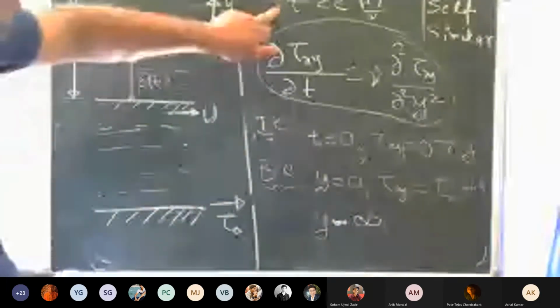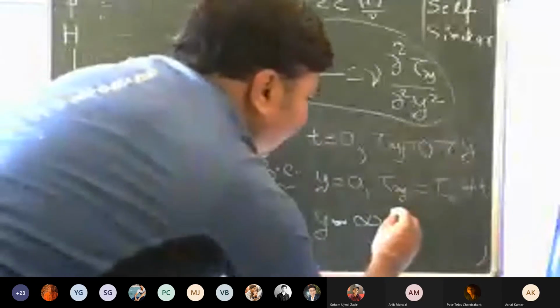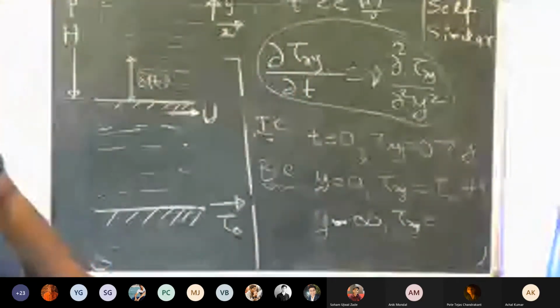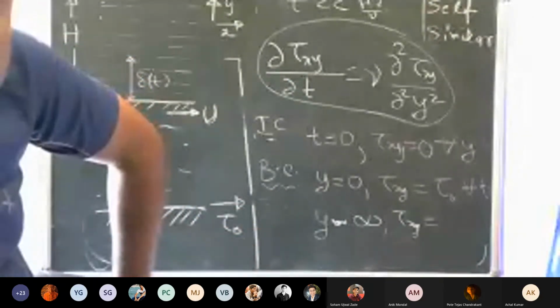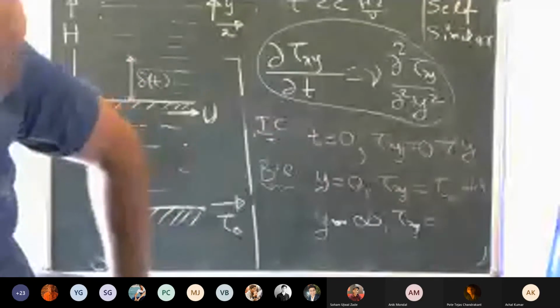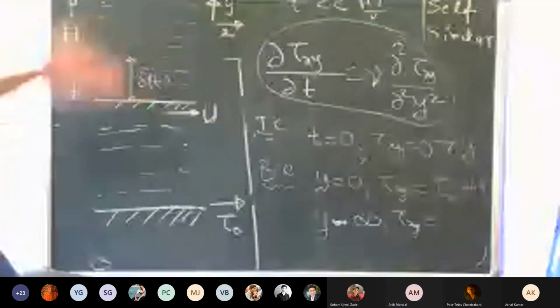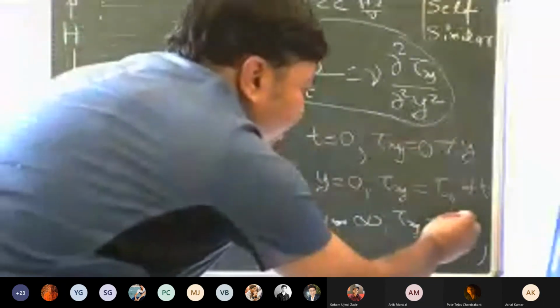Infinity, because I am analyzing the problem for these early times. So at y tends to infinity, what will be τxy? I have two boundaries. This is called semi-infinite. What will it be? Stress. If you are analyzing the problem at early times, 0, because the disturbance has not reached that value. Exactly, 0. That's it for all t.